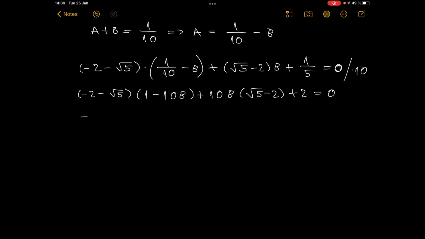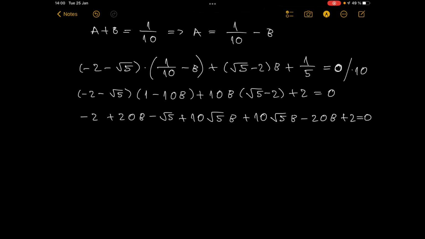So minus 2 times, this is negative 2, plus 20b minus the square root of 5 plus 10 square root of 5b plus 10 square root of 5b minus 20b plus 2 is equal to 0.